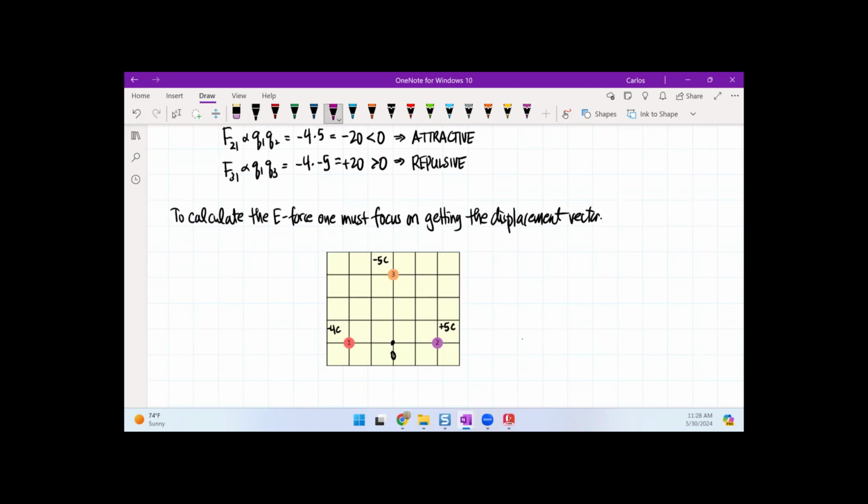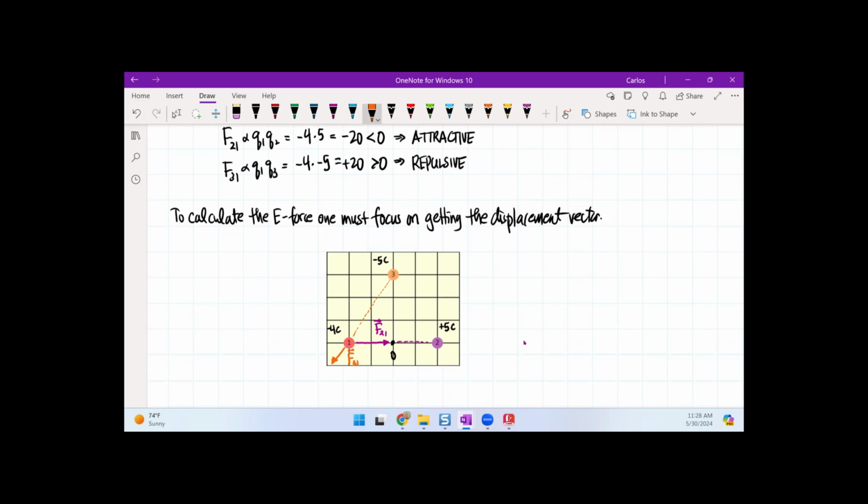Immediately, we see there's a force acting from a distance of 2 on 1, and it's going to pull it in this direction along a straight line. The second force is going to push it away into the third quadrant.